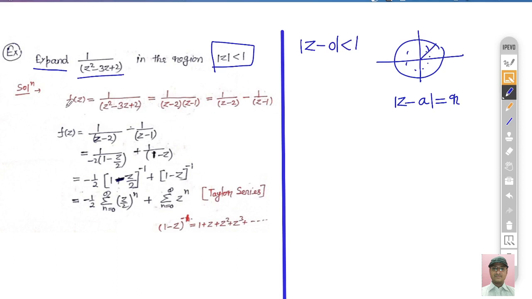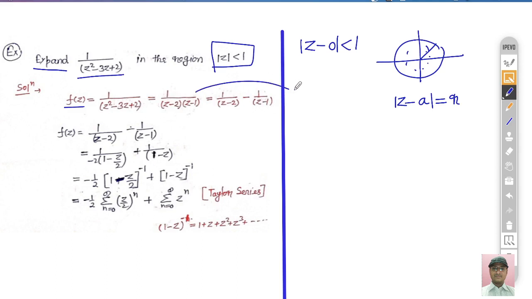Now first you do the factorization. The factorization of Z square minus 3Z plus 2 is what? 1 upon (Z minus 2) into (Z minus 1), right? Now you do the partial fraction, and the partial fraction is what? 1 upon Z minus 2 minus 1 upon Z minus 1.